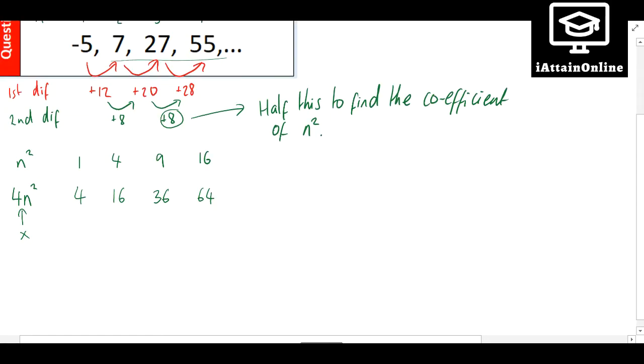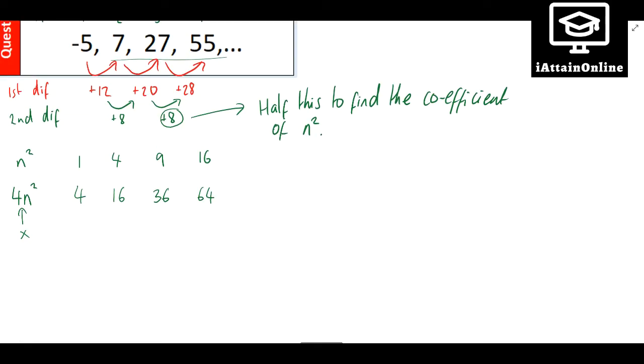So what we're now going to do is subtract these values from each term in my sequence. So I'm going to do -5, take away 4, that's going to give me -9. 7, take away 16, gives me -9. 27, take away 36, gives me -9. And 55, take away 64, gives me -9.